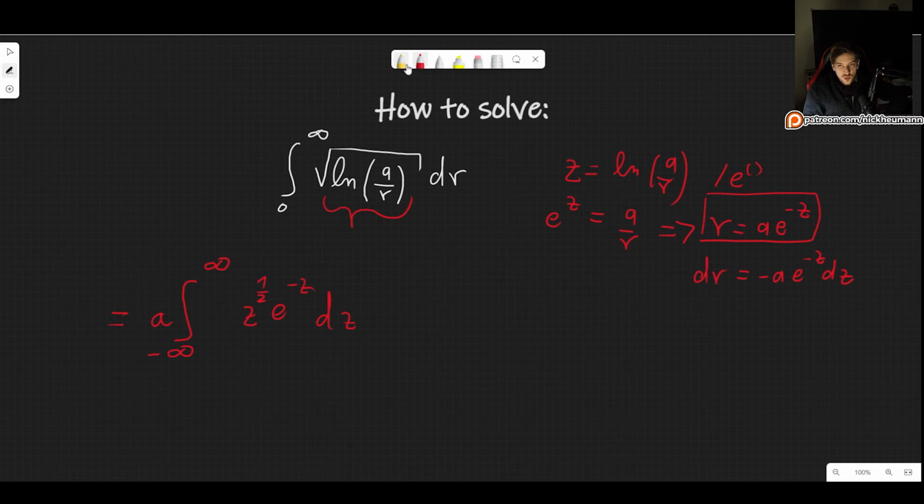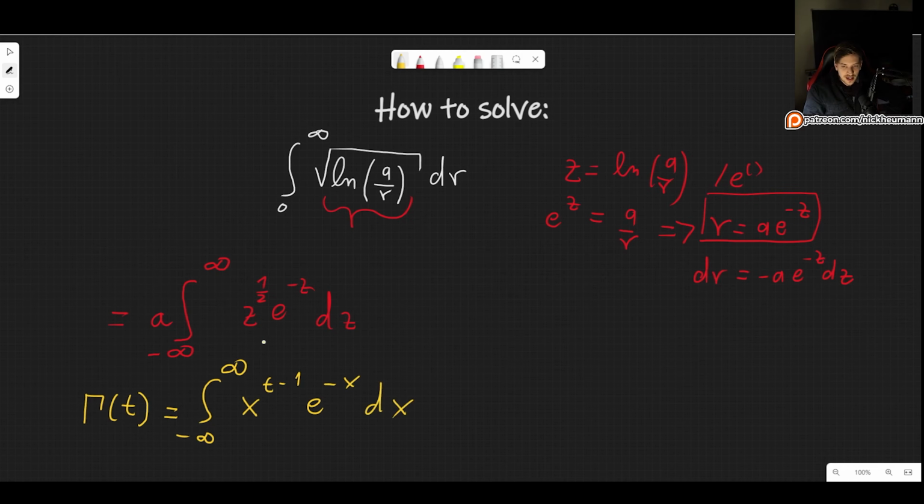How can we solve it? Well, fortunately, we don't really have to do too much because this is the gamma function. So the gamma function of some variable t is defined as the integral over all of the possible values of t, so minus infinity to infinity, of x to the t minus 1 e to the minus x dx.